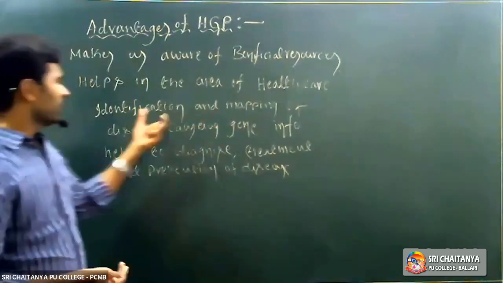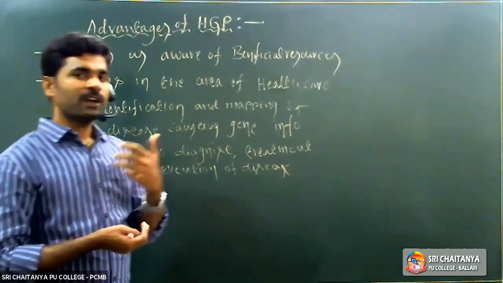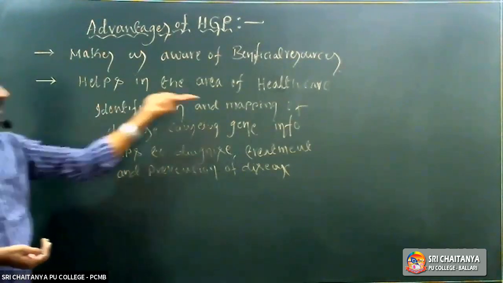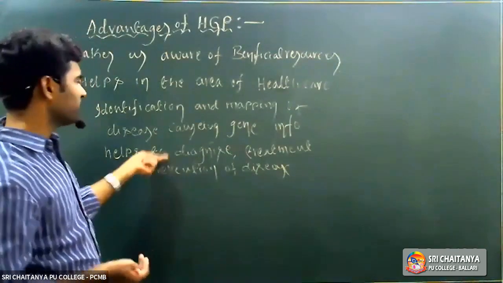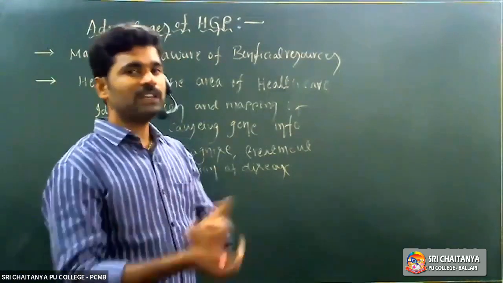But how does the Human Genome Project information, the DNA sequencing information, help in healthcare? Identification and mapping of disease-causing genes helps to diagnose disease, which means to identify disease.